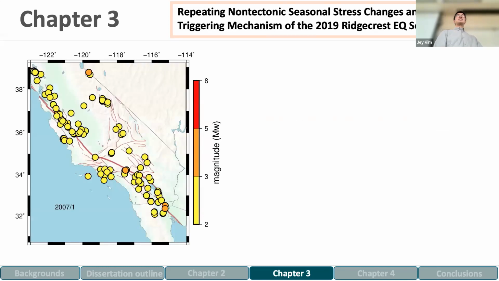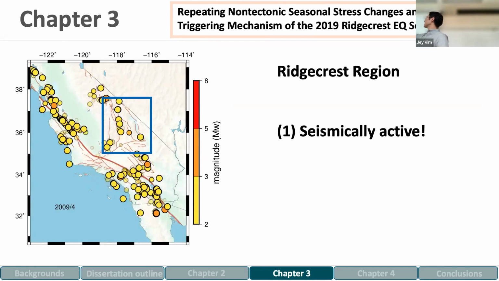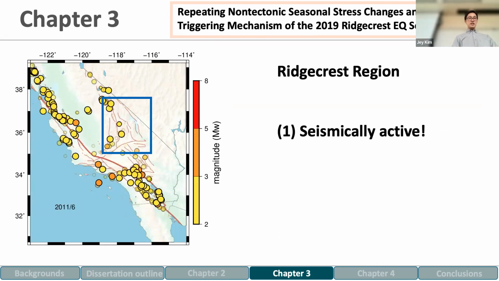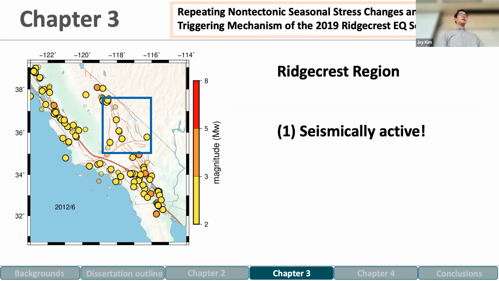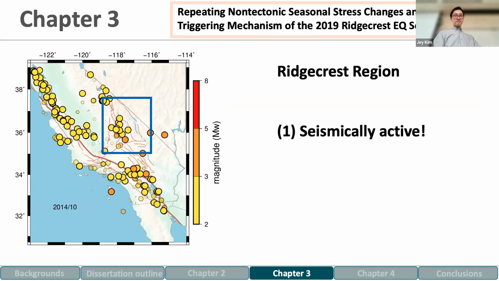And to test these hypotheses, I focused on the Ridgecrest region for some reasons. Here, I boxed the Ridgecrest area, and I plot earthquakes larger than magnitude 2 over time. And as you can see, this area is seismically very active.